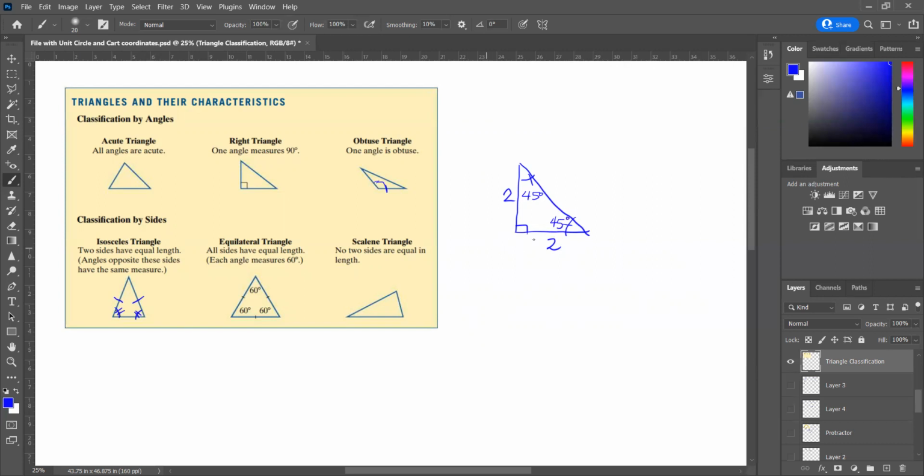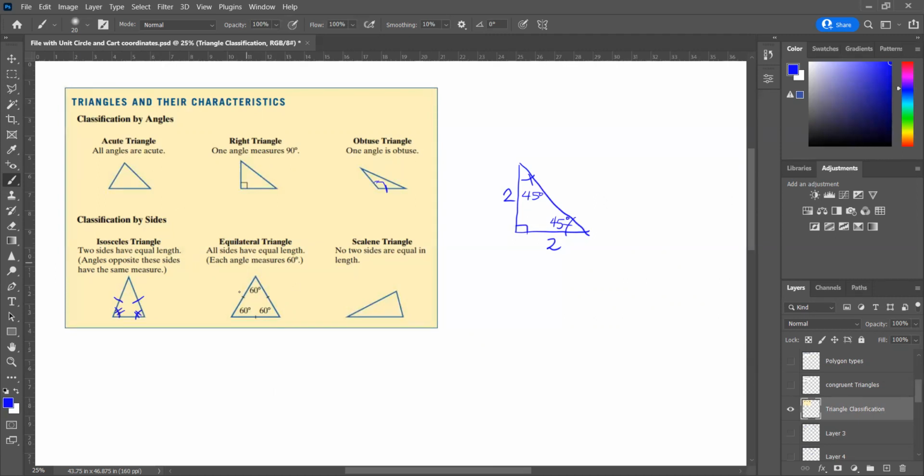So this is an isosceles right triangle. It's isosceles because the two sides have equal length, and it's right because one of the angles is 90 degrees. So we can use that classification a fair bit, and it will help us make sure we're talking about the same thing.